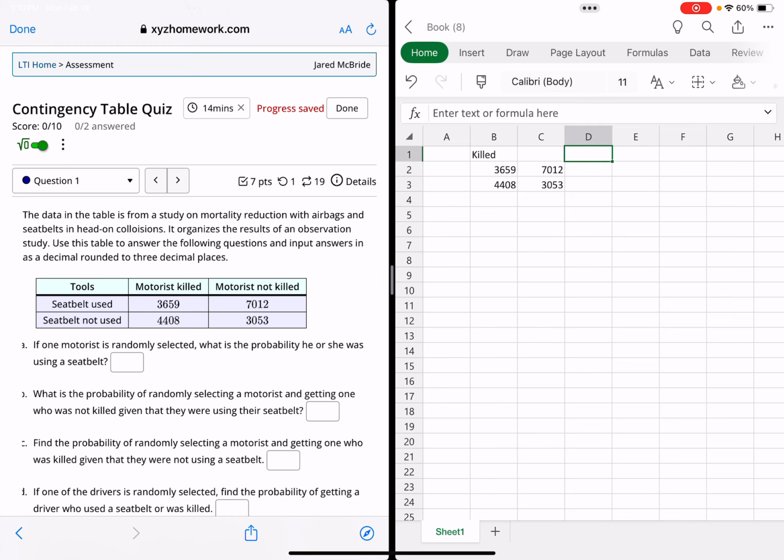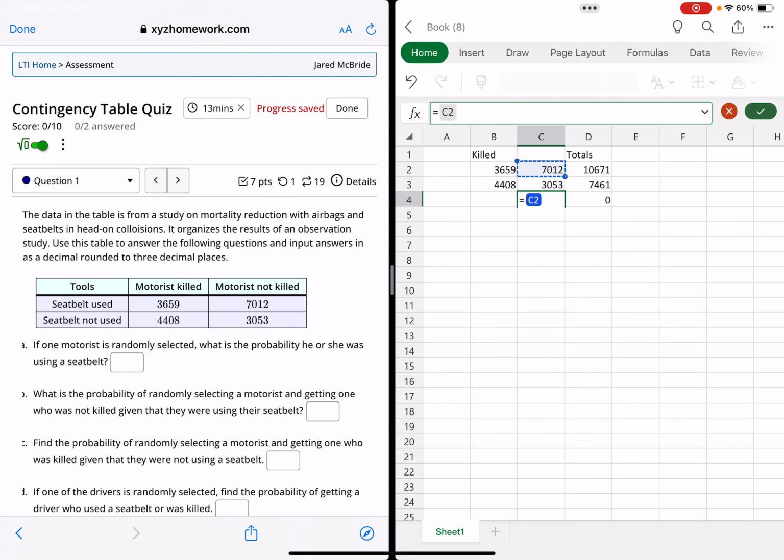All right, it's just a 2 by 2. I'm going to need totals. Okay, equals that plus that. Enter. Then fill down. All right, now I'll do equals that plus that.